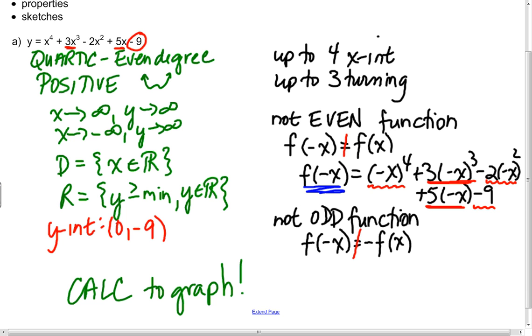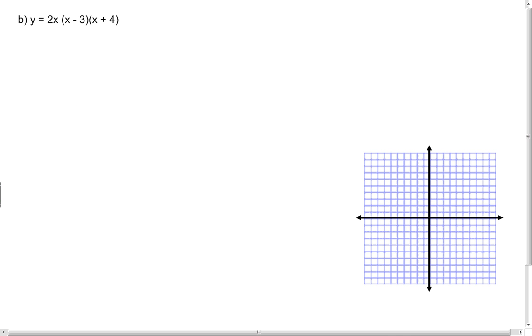All right, second one. Y equals 2x, x minus 3, x plus 4. I know if I were to expand that, and I'll do that quickly for you, but you don't have to do that. I'm doing FOIL.